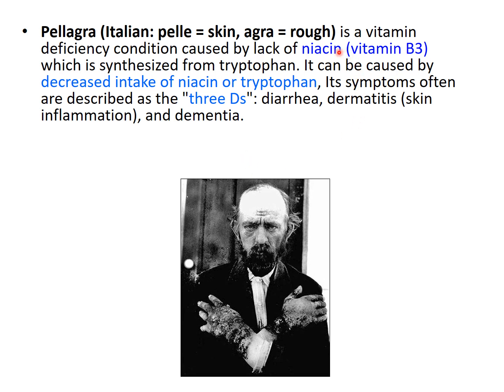It will result in lack of vitamin B3, NAD, and it will result in so-called pellagra, which means rough skin. Dermatitis is the sign of pellagra, but it leads to 3Ds: diarrhea, dermatitis, and dementia.